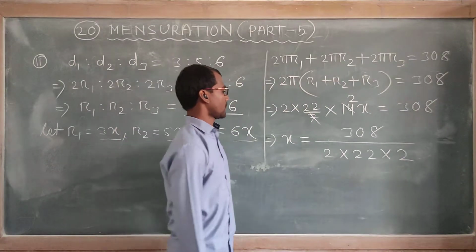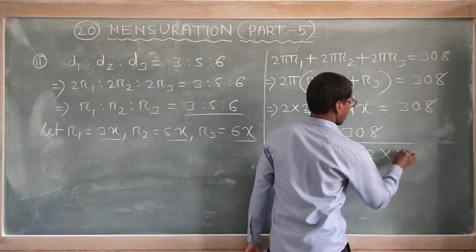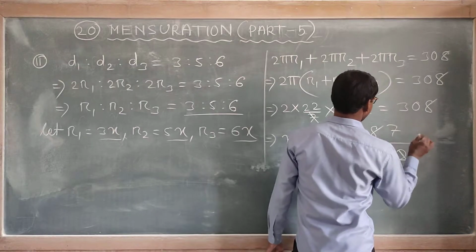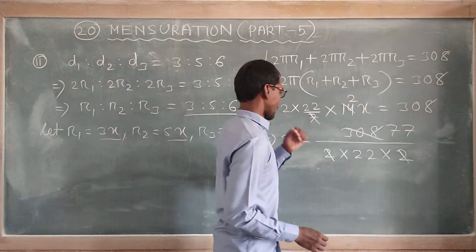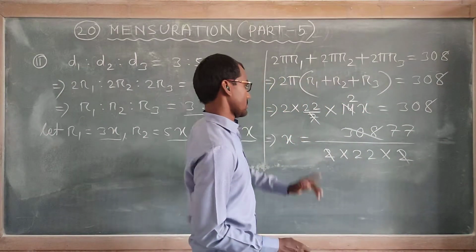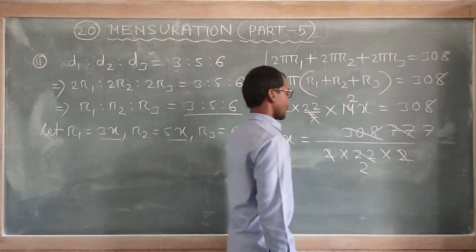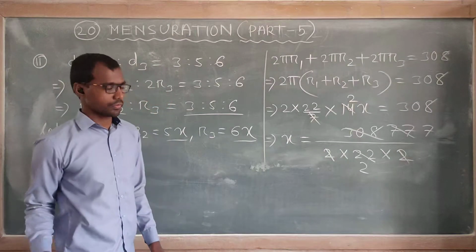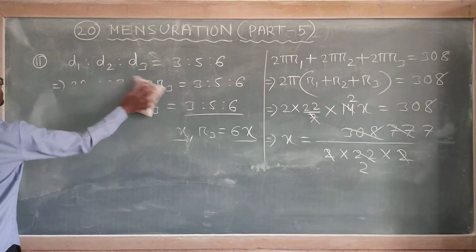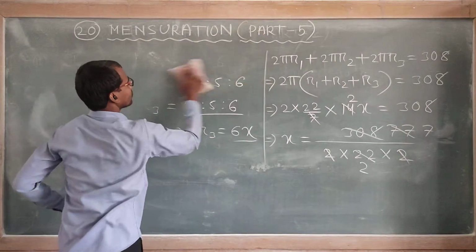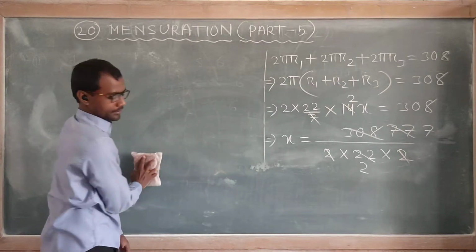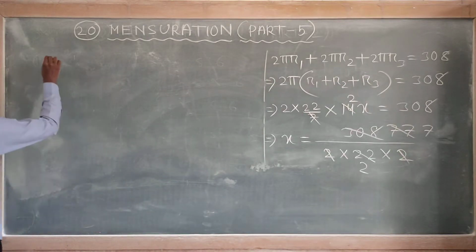Okay, so this is 2 into 2, 4, 4 sevens are 28, 4 sevens are 28. 11 to 11, 7. So x is equal to 7 by 2. Okay, x is equal to 7 by 2.